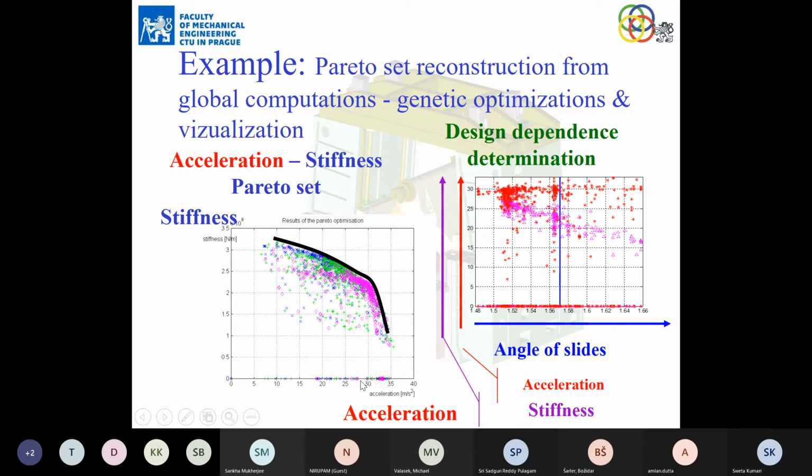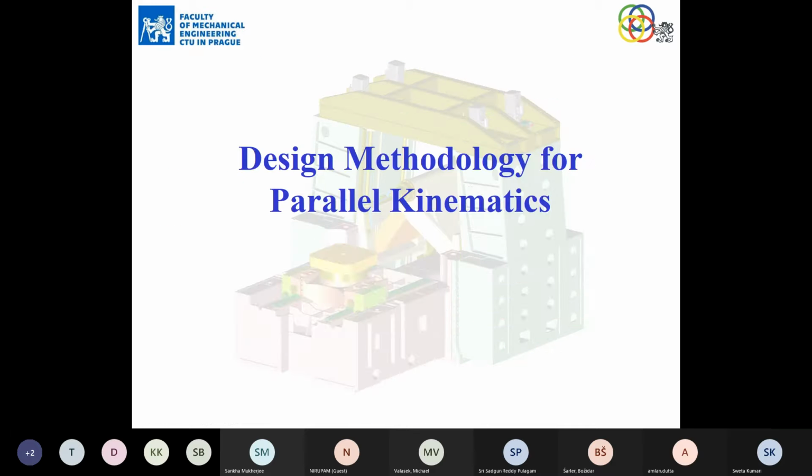Here about 30,000 variants of the parameters of machines were evaluated, and based on that, we have investigated also other properties or other parameters. For example, we shall see that we have found that the angle, surprisingly, is new knowledge and is changing the stiffness significantly, and we have used that as knowledge gained from the design process.